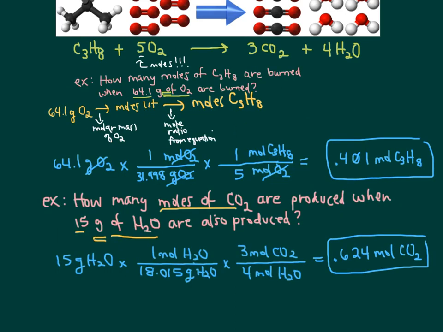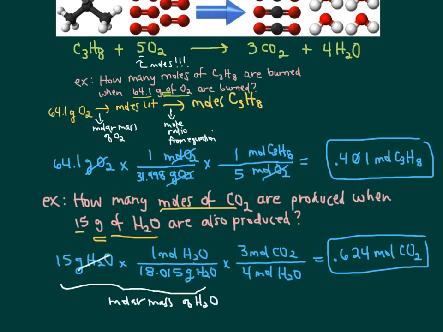All right, so let's look at how we set this up. So we started with what we were given, which was our 15.6 grams of water. And to convert our 15.6 grams of water to moles so that it's in the same terms that our equation is written in, we use the molar mass of water, which is 18.015 grams.